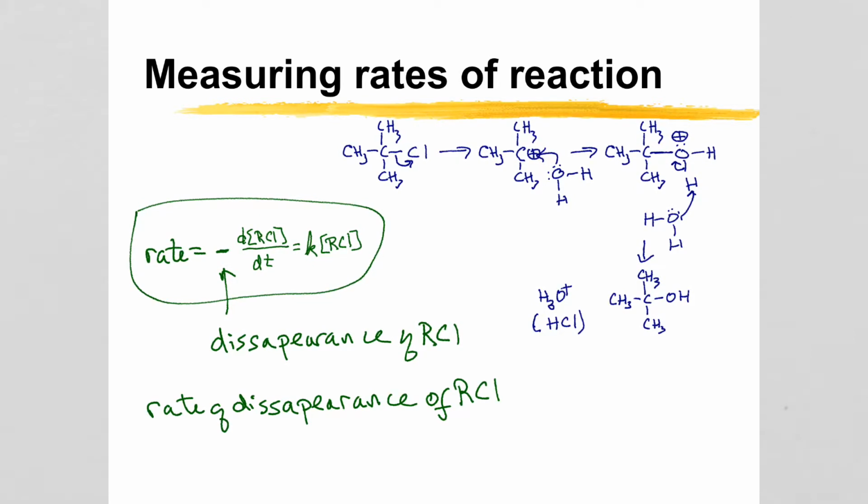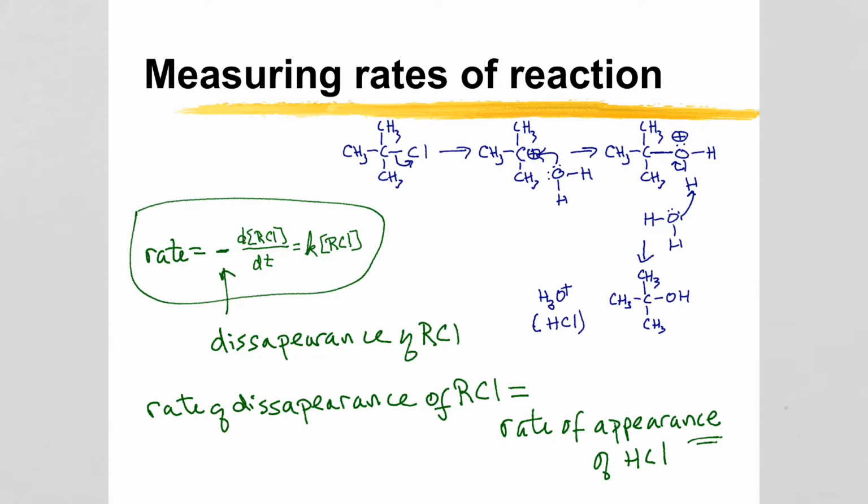And the rate of disappearance or consumption of the alkyl halide in the reaction is equal to the rate of appearance of HCl. So how fast the alkyl halide is consumed is equal to, but opposite in sign, the rate of how fast the HCl is formed.